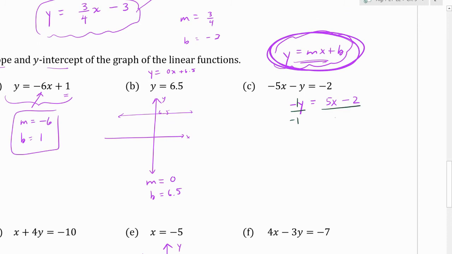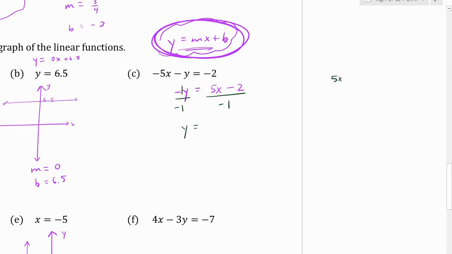So I'm going to divide both sides by negative 1. Now, remember, that means everything over here gets divided by negative 1. 5x divided by negative 1 is negative 5x. Negative 2 divided by negative 1 is positive 2. Now I can tell the slope and the y-intercept. The slope's negative 5, and the y-intercept is 2.